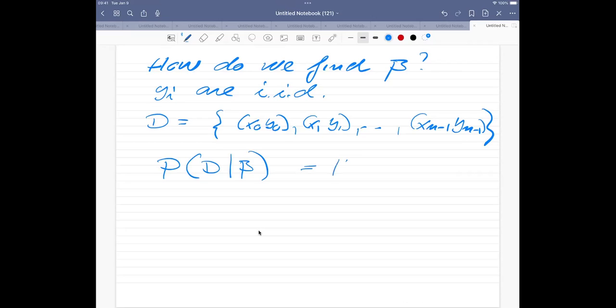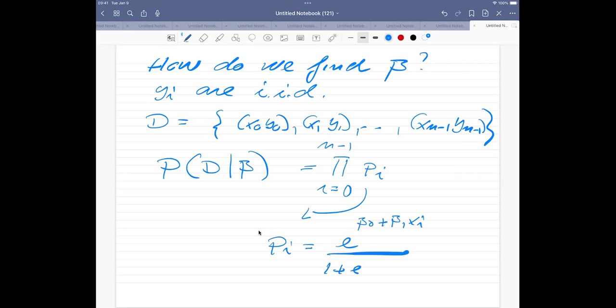And that model is now going to be given as a product over all the possible outputs which we have. This P of i, which we have here, I'm just going to repeat it. So P of i is equal to e to the power of beta 0 plus beta 1 times x of i, divided by 1 plus e to the power of beta 0 plus beta 1 times x of i.